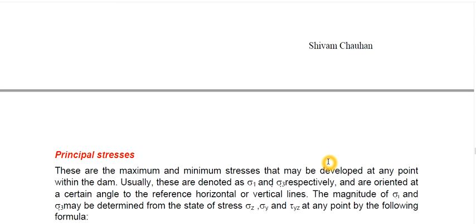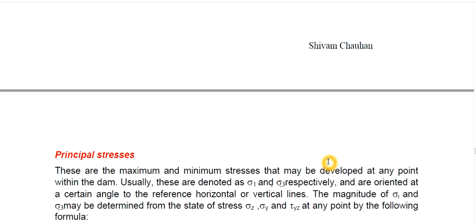Usually we denote maximum principal stress with sigma 1 and minimum principal stress with sigma 3, and they are oriented or inclined at a certain angle of reference from horizontal or vertical lines.